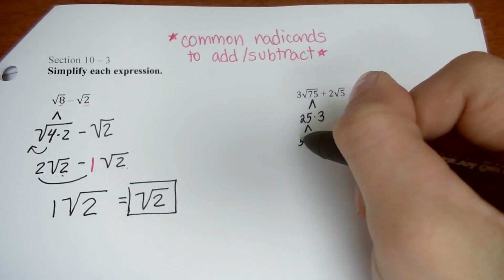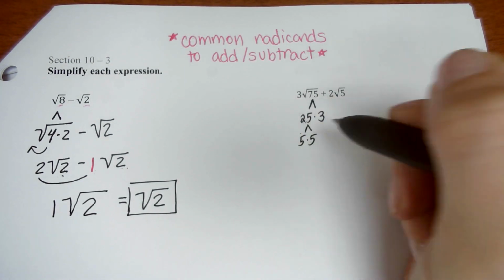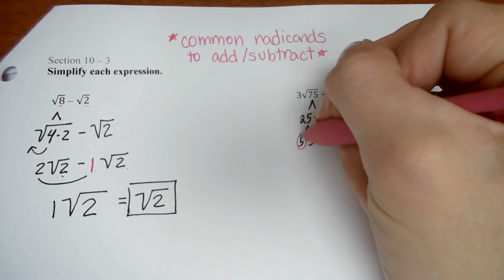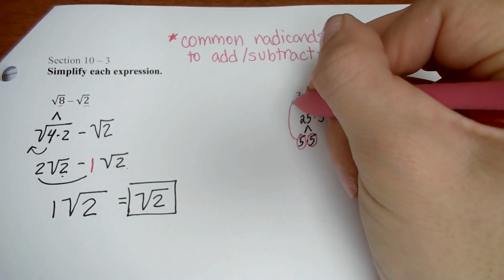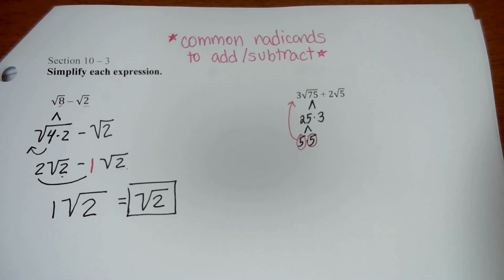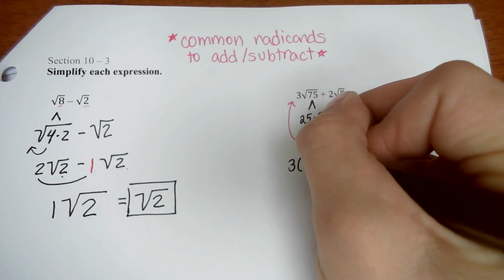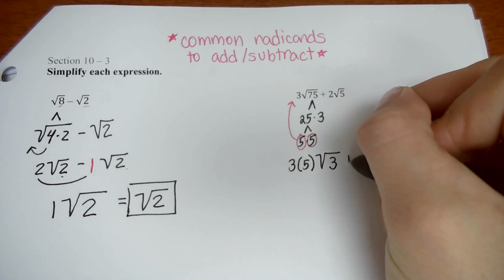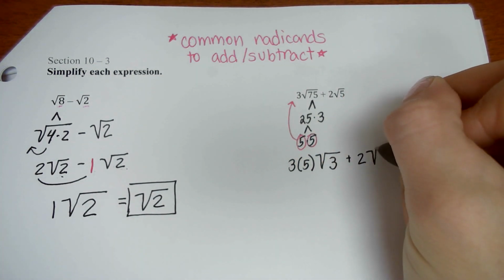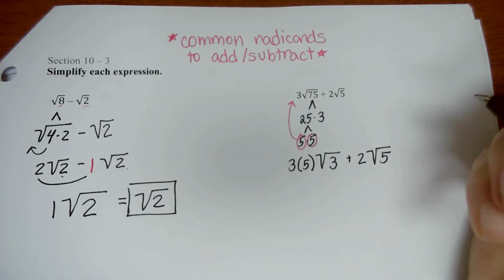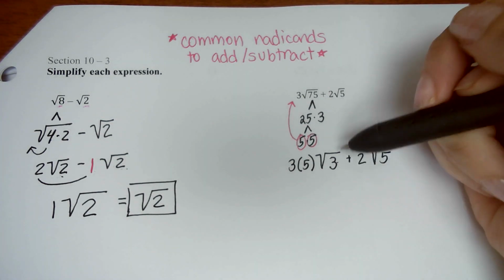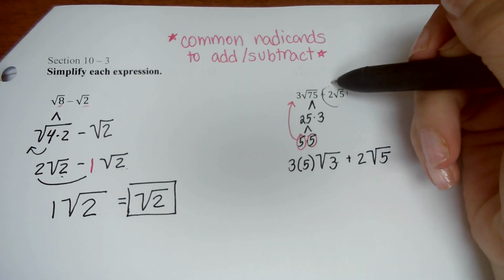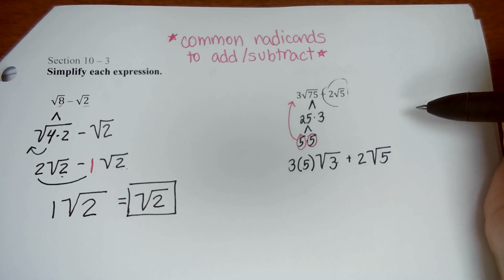And that becomes 5 times 5. So 5 times 5 gets moved to the outside. So this will become 3 times 5 square root 3 plus 2 square root 5. Because all that was left in this radical was the 3, and this one we couldn't simplify any further.